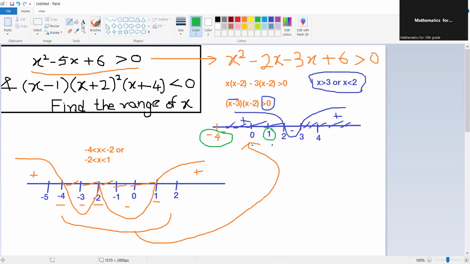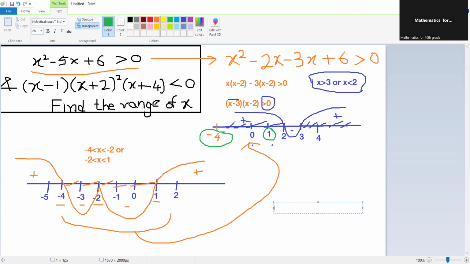So the actual answer is, I'll put it in green, -4 less than x less than 1, and x not equal to -2.